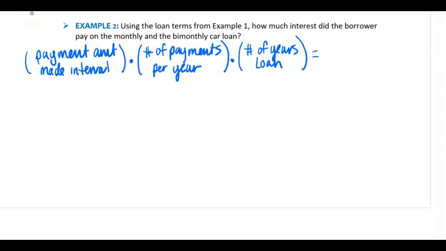Multiplying these three values, you get the total amount paid for the loan.